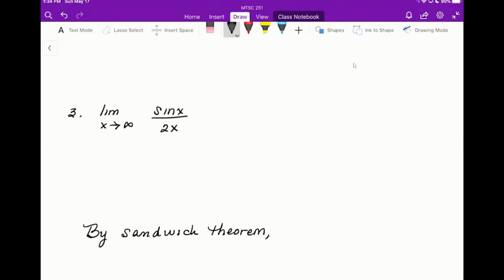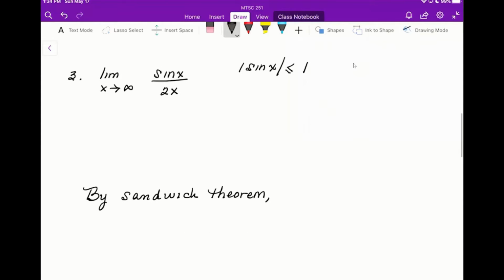Let's look at this limit. The limit as x approaches infinity of the sine of x over 2x. Now we know that the absolute value of the sine of x is less than or equal to 1. So we're going to use this: -1 is less than or equal to the sine of x, which is less than or equal to 1.